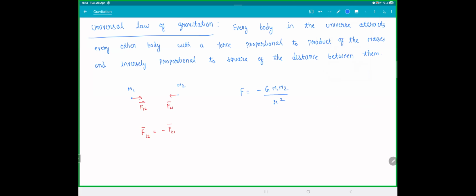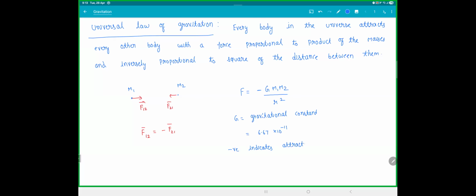This G is called the gravitational constant, whose value is 6.67 into 10 power minus 11. The negative sign indicates attraction. So you'll always get that negative sign here.